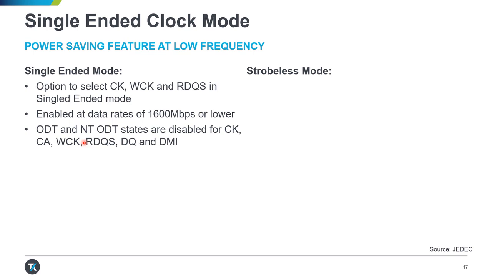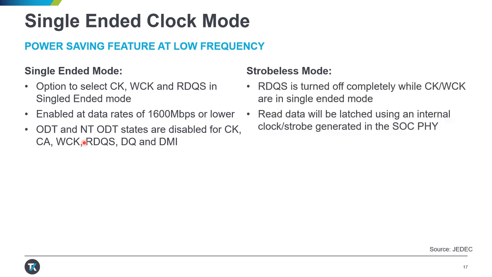So now the question is, how does the SoC latch this incoming data? Well, in the strobeless mode, SoC will use an internal clock to latch this incoming data from the DRAM. And since the clock strobe is internal to the SoC, our next question is, how do I test it?